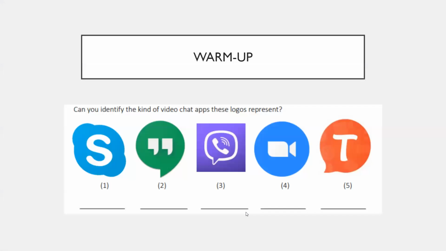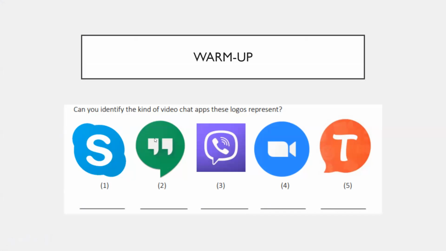If you look at the screen now, you can see five video chat or video conferencing applications. The first one, I'm pretty sure you know what it is. It's Skype, S-K-Y-P-E.